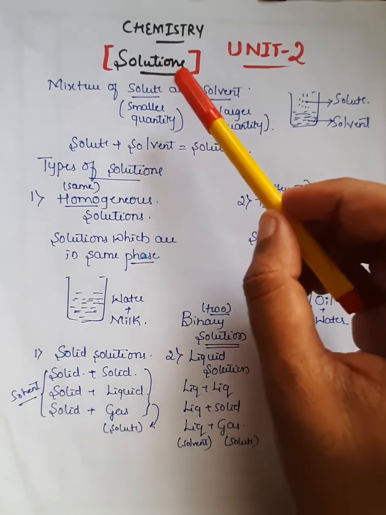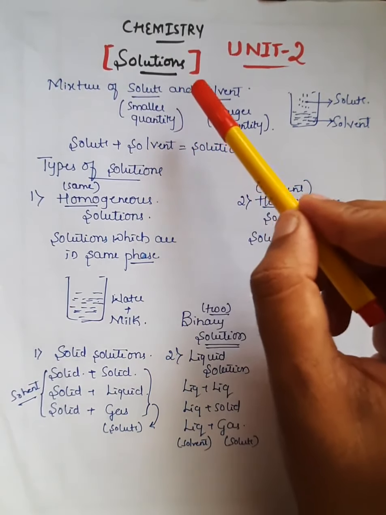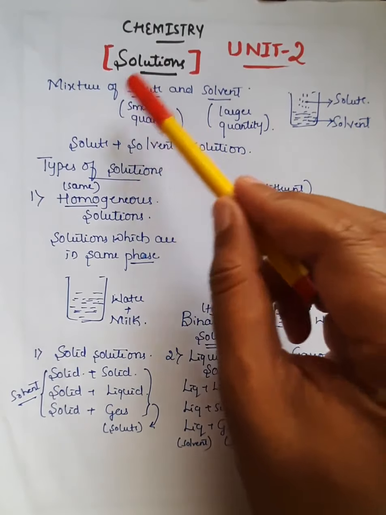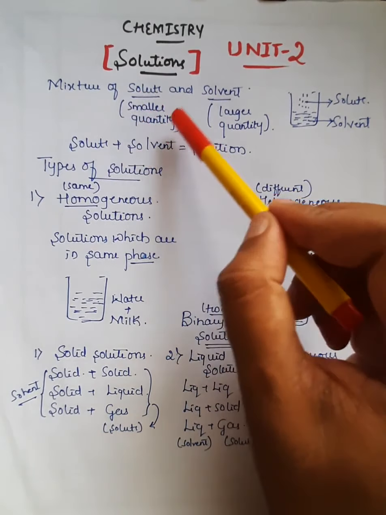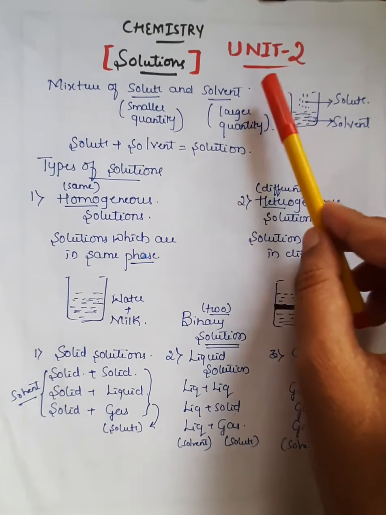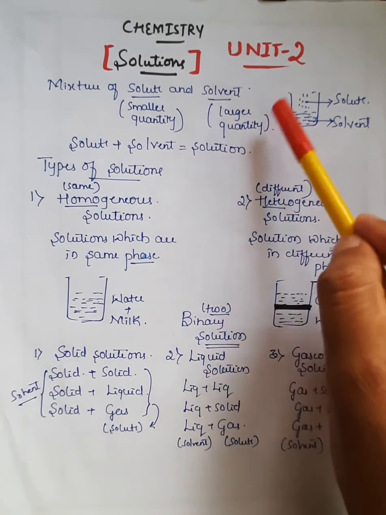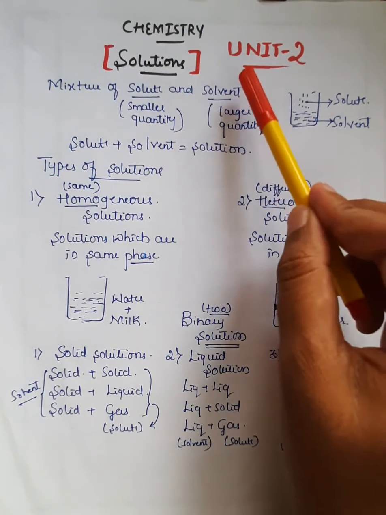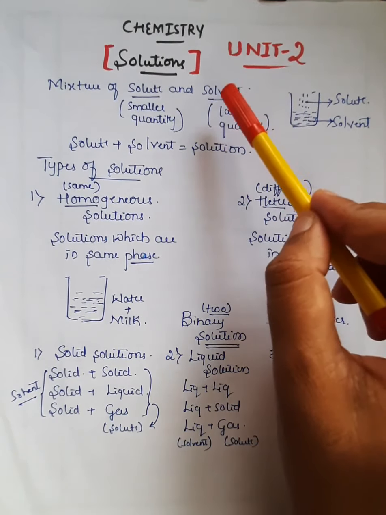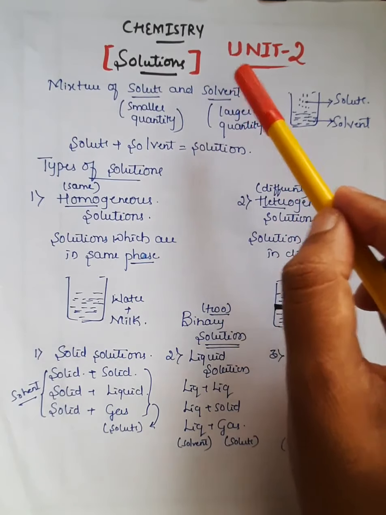If you want to define solute, it is the component in a solution which is taken in the smaller quantity. The substance which is taken in the larger quantity or larger excess is generally termed as solvent. This means the solvent has the capacity to dissolve the added solute molecules.